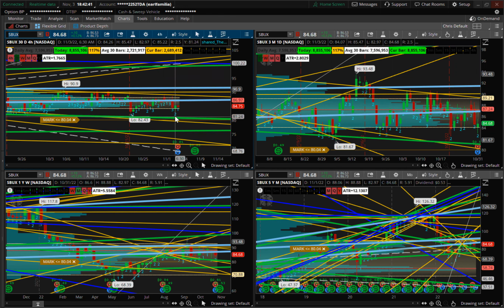But yeah, you've got these things that push down off the outside day and then show strength yesterday, but then today didn't have much strength to them. So this one's continuity still to the downside. I would be looking to see what this candle does in the morning. 212 to the downside. 84.65 would be your entry to the downside.